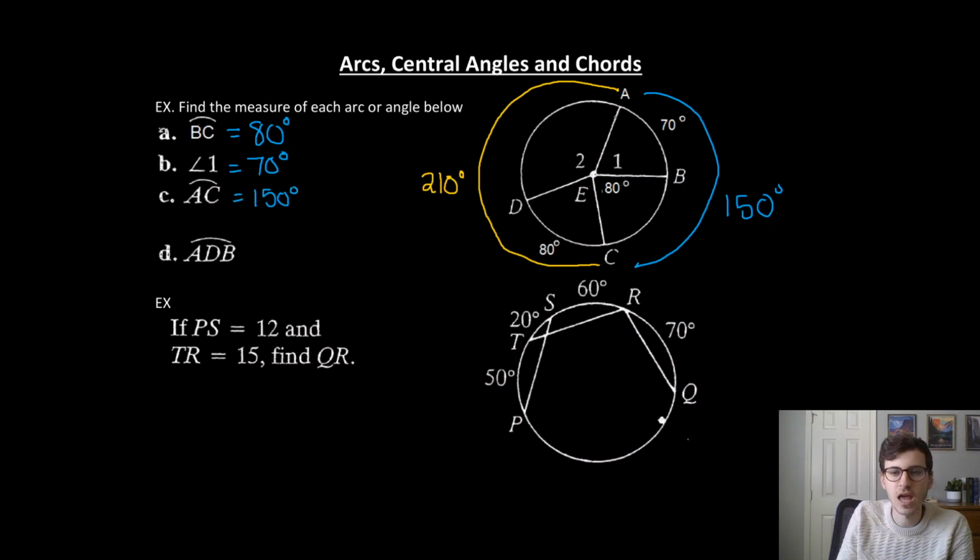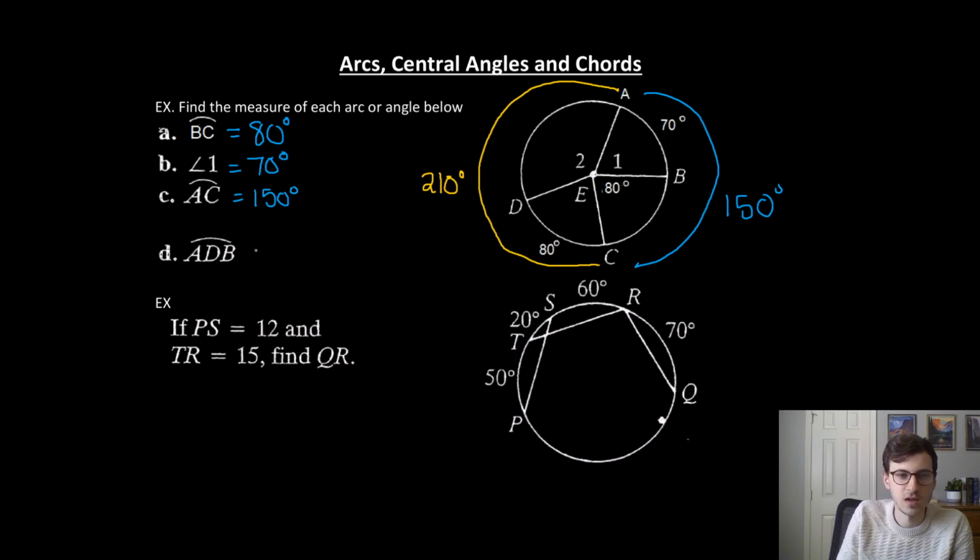ADB, we could try to calculate this. So there's two ways. We know that ADC is 210. We know that BC is 80, so then 210 plus 80 is 290. We also know that the total measure of the circle is 360, and ADB is everything but this 70 degrees right here.